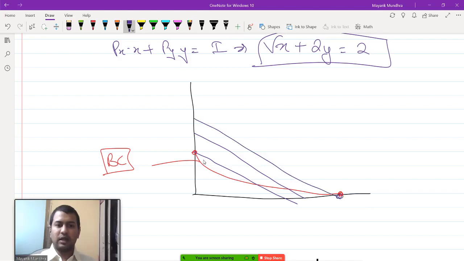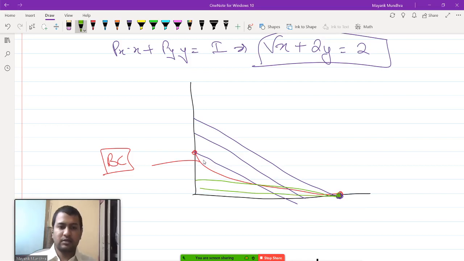The purple one is the flatter one, and the other is the steeper one. When it is flatter like this, completely below, then the maximum utility will happen here.